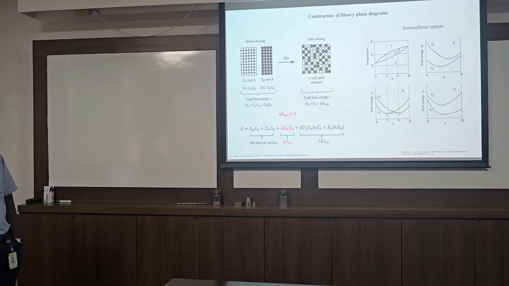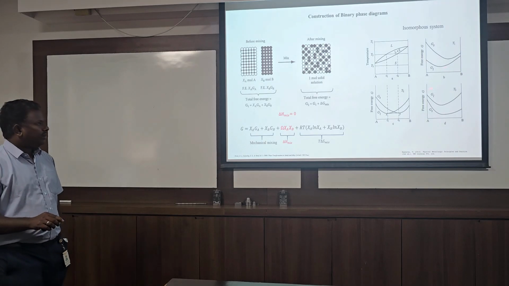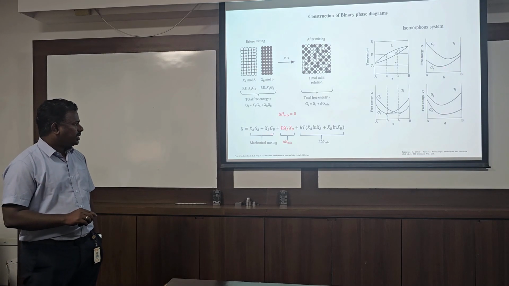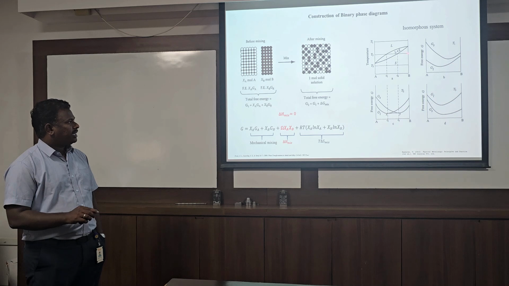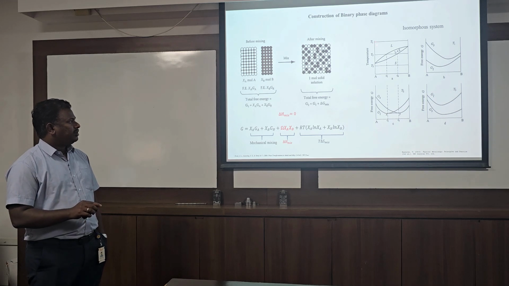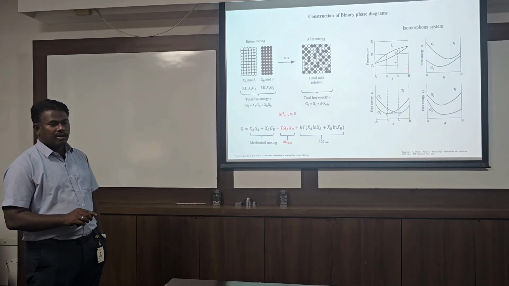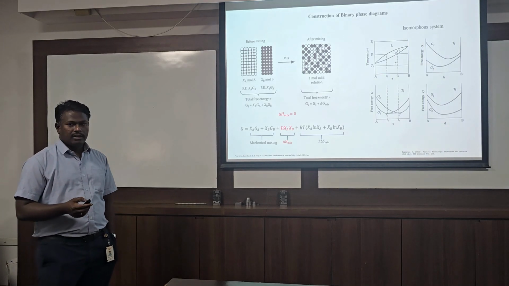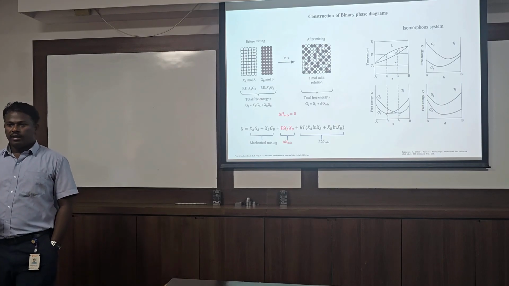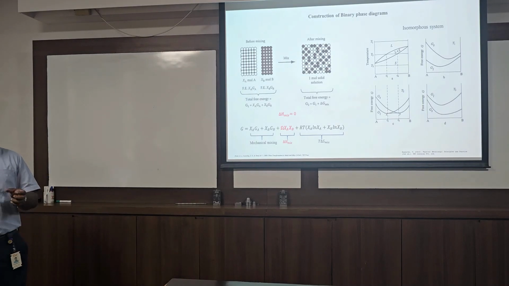When you plot this function, changing the composition from 0 to 100, I am showing how it will change for the solid and for the liquid. This is the isomorphous system. I am showing temperature versus composition. Isomorphous means it is completely miscible. When I take two elements and mix them together, they are completely miscible.